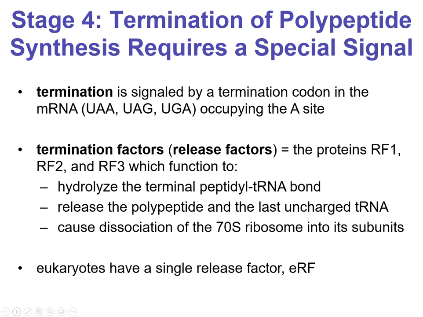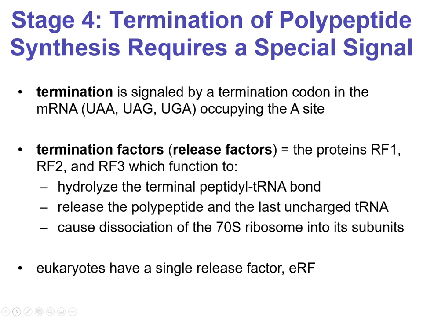So you need to hydrolyze it and get it off of the tRNA, right? We've got this long peptide chain on a tRNA that's stuck in the P site, and we need to get that off of the tRNA. So we hydrolyze that. We also have to release the polypeptide and the last uncharged tRNA.